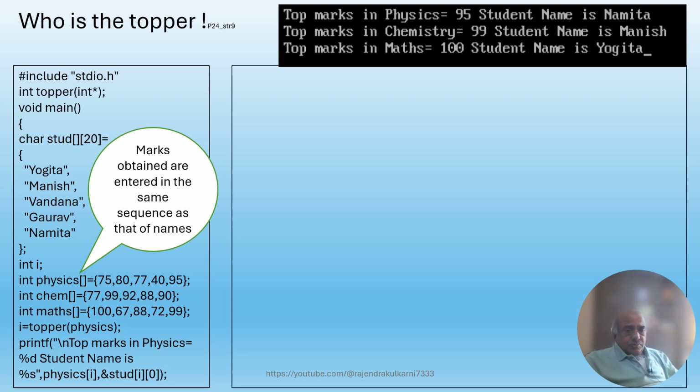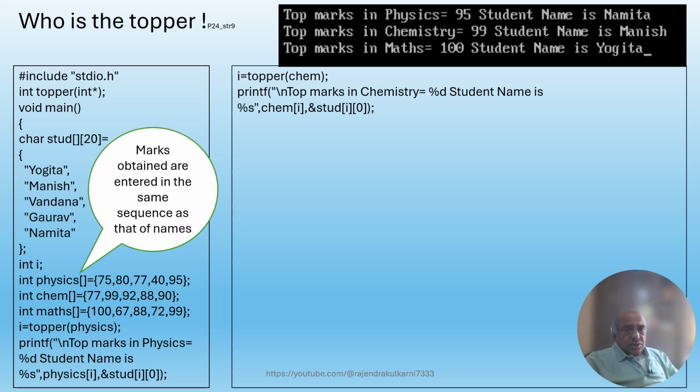And what this function returns is an int. This int which it returns is collected in the variable i and used in these printf statements to display the student name and the marks obtained by the student.